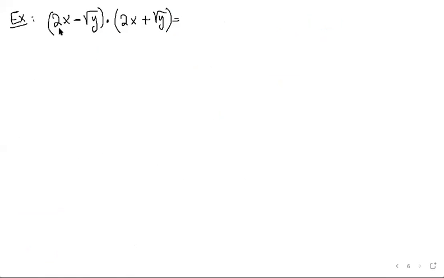We have here 2x. This is my A, my B, the same A, the same B. Who will solve this one? Look, A is similar to A, B is similar to B, minus y squared, right?